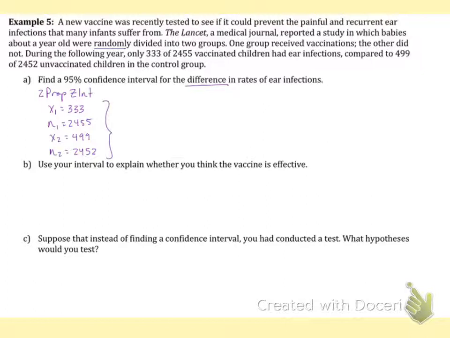And when we hit calculate, notice that we get negatives in our interval. I want you to remember that when a confidence interval is performed, we're taking P1 minus P2.